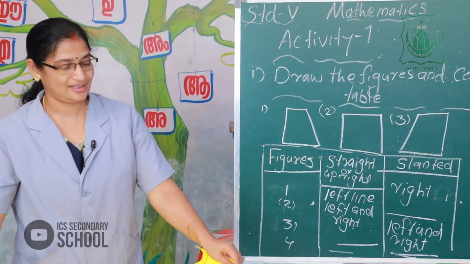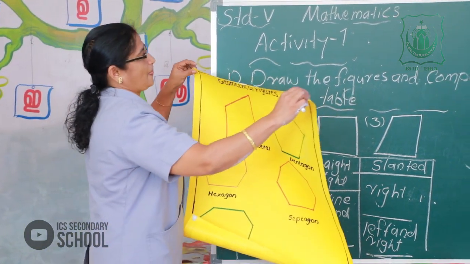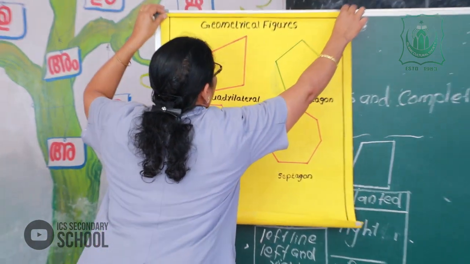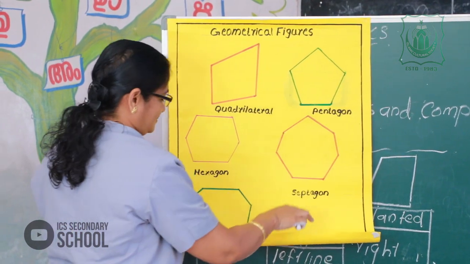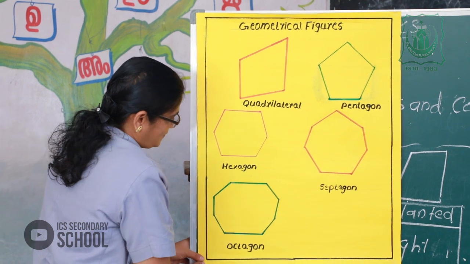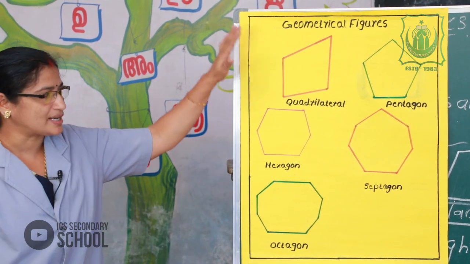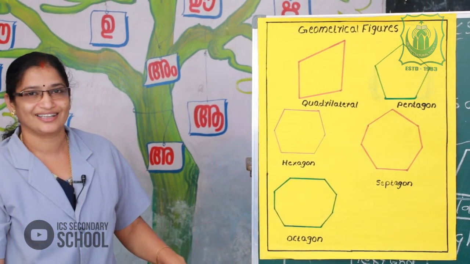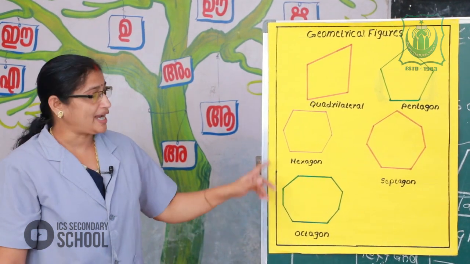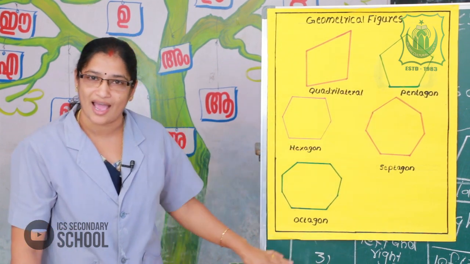Next, listen here. Listen to the chart, all of you. This is a geometrical figure made up of lines, named according to the number of sides.